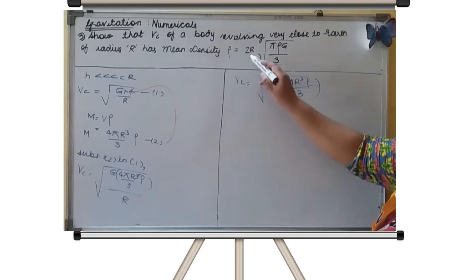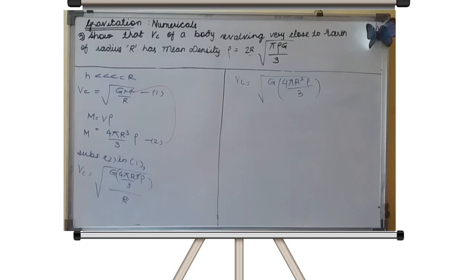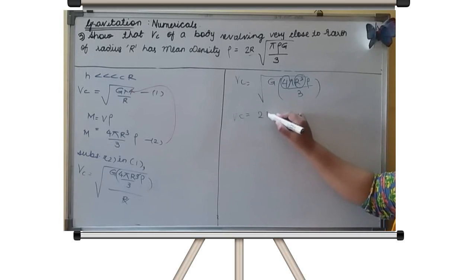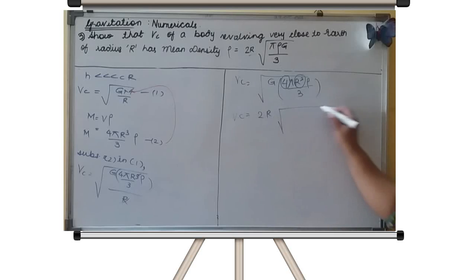See, in the question, 2 and r are outside. Here 4 and r are both in square form. If we take them out of the root, they will become 2r. What we got here: under root of pi rho g upon 3. Hence it is proved.